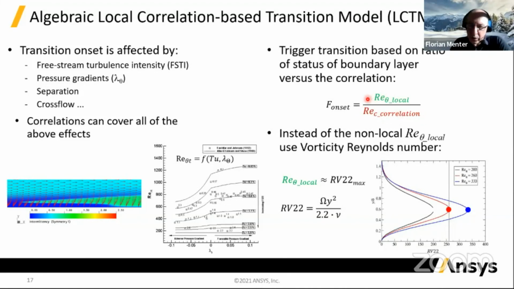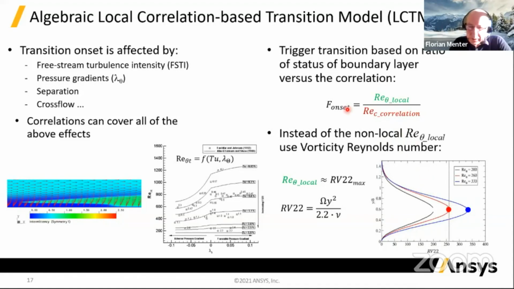And if that ratio, this green ratio, is going up as you go downstream in the boundary layer, whereas the correlation typically stays more or less constant, eventually this ratio reaches 1, and then we trip the boundary layer.